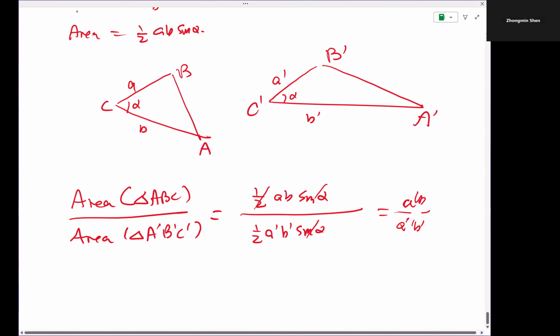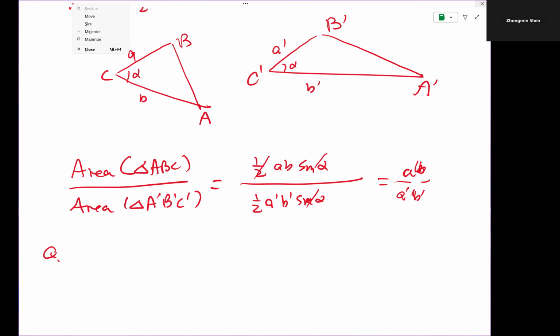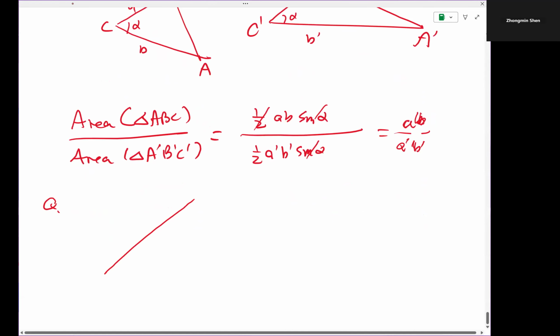So that's why, when you have two triangles with the same angle, you get this ratio. This is used for a geometric problem.